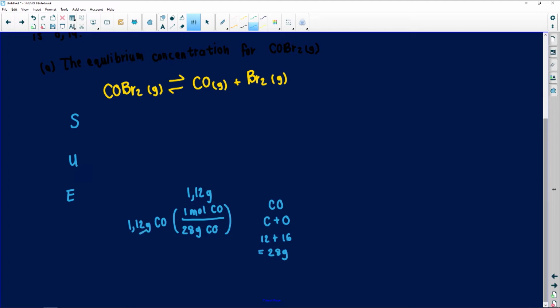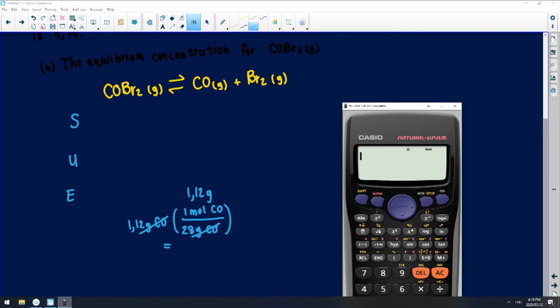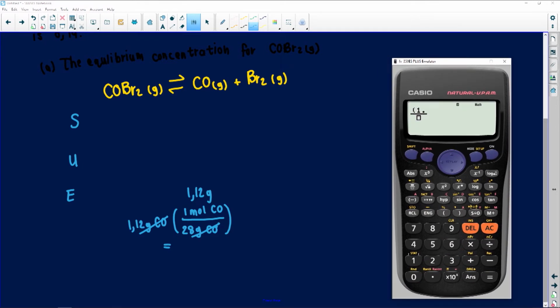Now, I can cancel grams of CO with grams of CO, and I'm left with the moles of CO. Let me just cancel that. Now, my final answer for this one, let's calculate that. Whoopsie daisy. I always put it in brackets, and always make sure that you actually have your brackets, because sometimes the numbers will just do other things. 1.12, I'm going to divide that by 28.